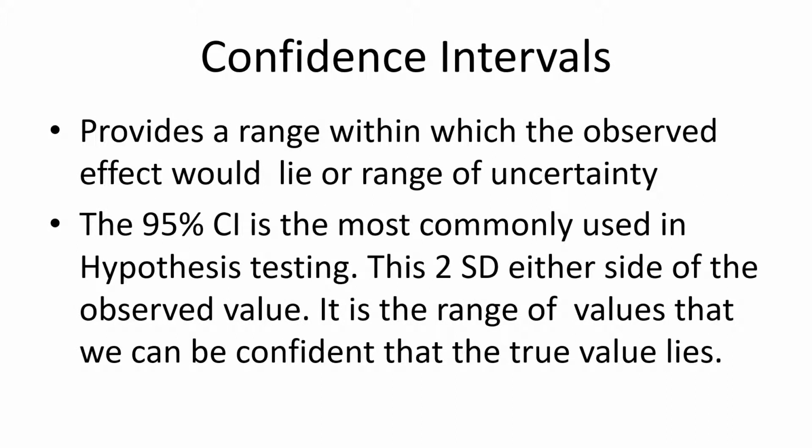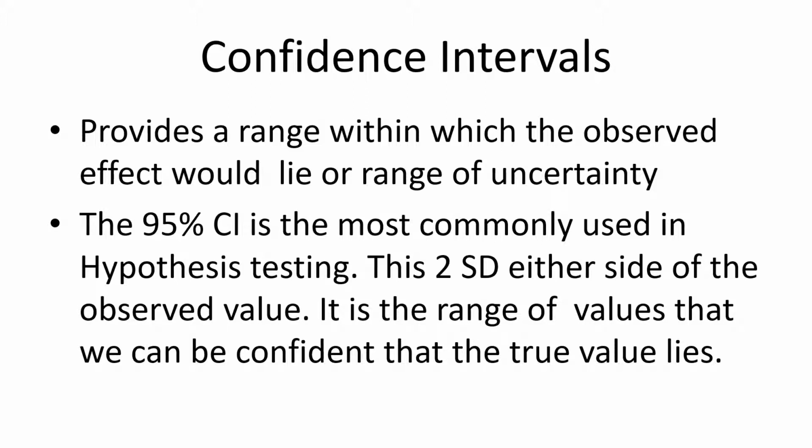Now I hope that this slide helps pull some of the various points together for you. Confidence intervals provide a range within which the observed effect or value would lie, or range of uncertainty. The 95% confidence interval is the most commonly used in hypothesis testing. This is 2 standard deviations either side of the observed value or mean. It is the range of values within which we can be confident that the true value lies.